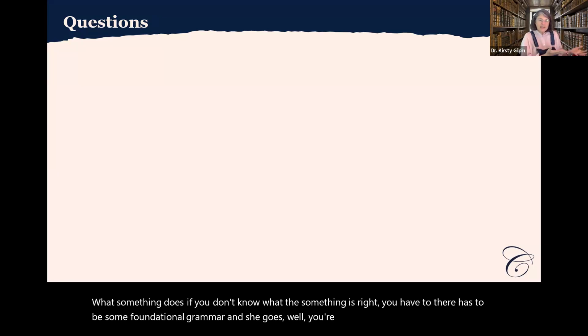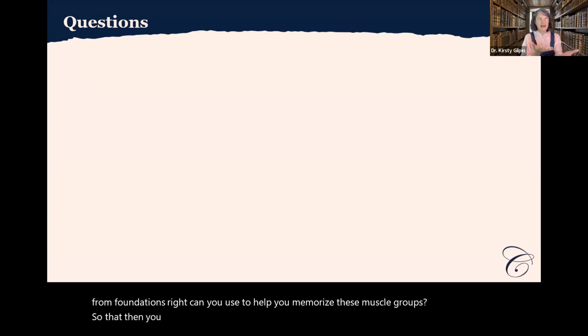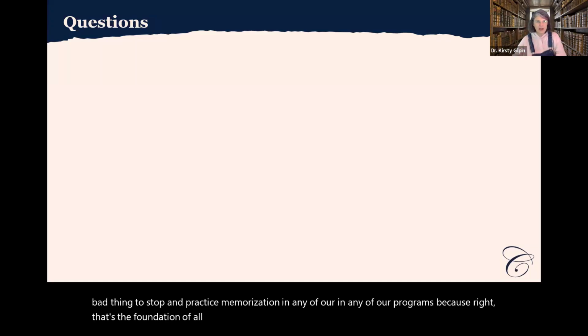So we talked about what skills from Foundations she can use to help her memorize these muscle groups so that then she can understand how the muscles work. So don't ever think that it's a bad thing to stop and practice memorization in any of our programs, because that's the foundation of all learning, is loading the grammar.